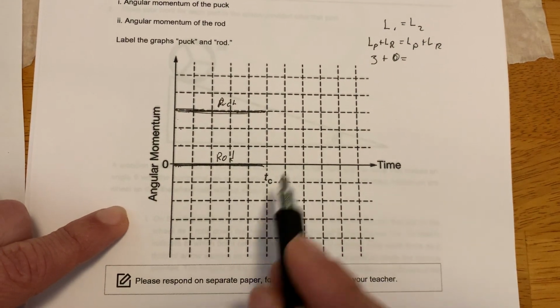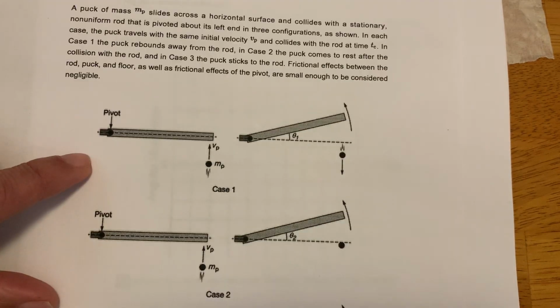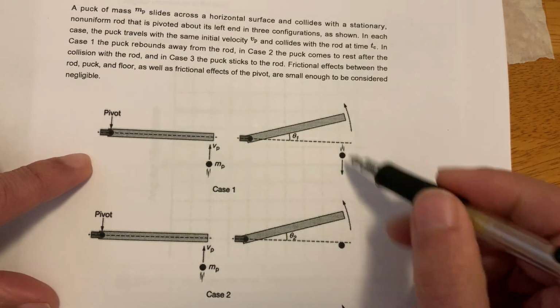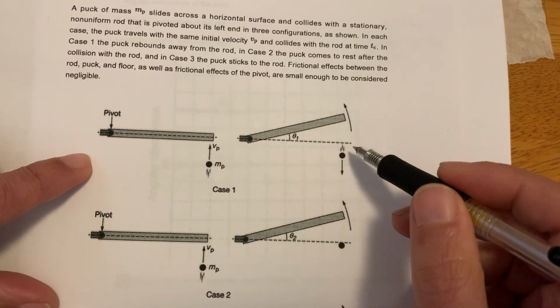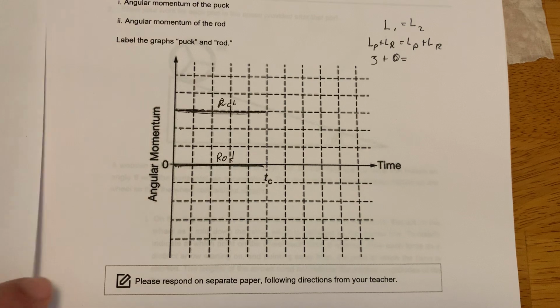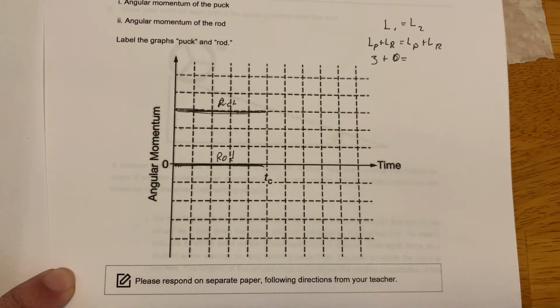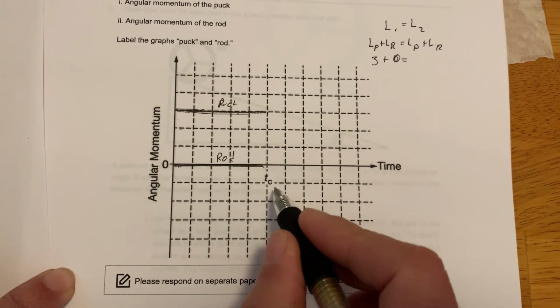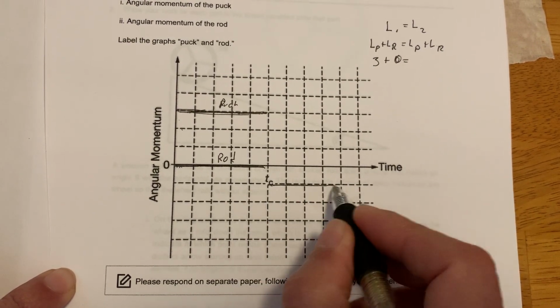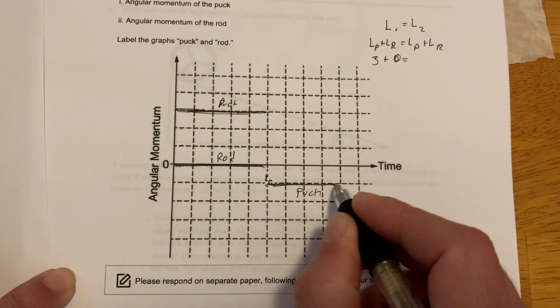Now let's see what happens here. What do I know happens to the puck afterwards? I know it bounces back this way. So I know that it has angular momentum in the opposite direction. So the puck has to have some negative angular momentum.